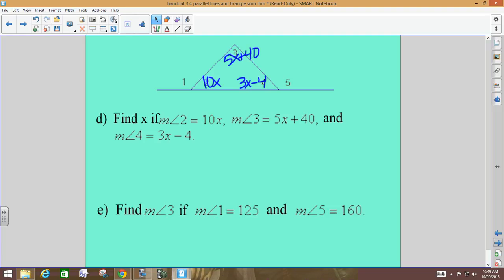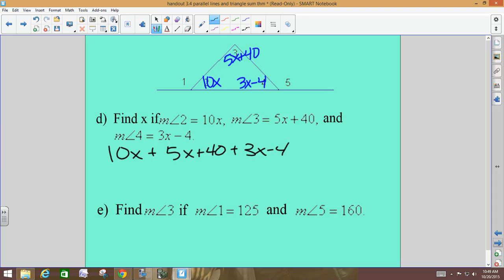Angle 2, angle 3, and angle 4 are all inside of the triangle, so the triangle sum theorem says they all have to add up to 180. 10x plus 5x plus 40 plus 3x minus 4 equals 180. 18x plus 36 would equal 180.